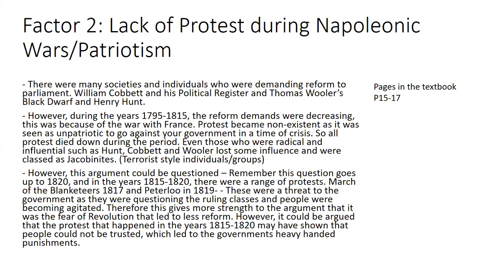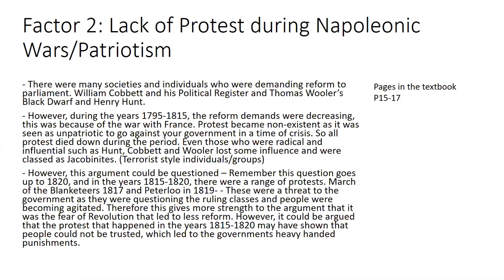So there were many societies and individuals who were demanding reform to Parliament. So you had William Cobbett and his Political Register, which was a very cheap newspaper. You also had Thomas Wooler's Black Dwarf, and you also had Henry Hunt, the very popular orator, who was the driving force behind the Peterloo demonstration. But in the years 1795 to 1815, reform was decreasing.